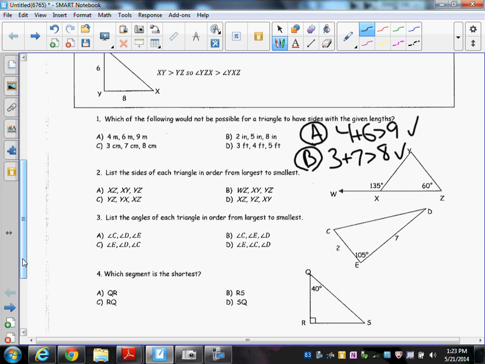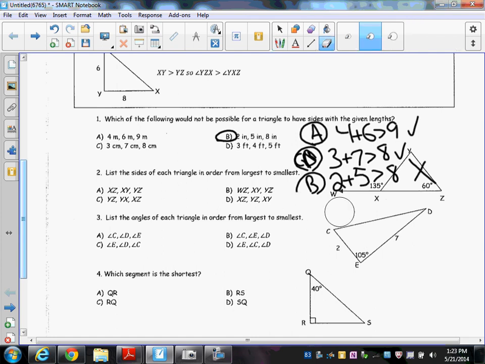Again, we have 10 greater than 8. Sorry, that was letter C. Letter B will actually be the correct answer. Is 2 plus 5 greater than 8? No, it is not. So that's how we figure out if a triangle exists or not. We add the two smallest sides, and we have to see if they're bigger than the third.